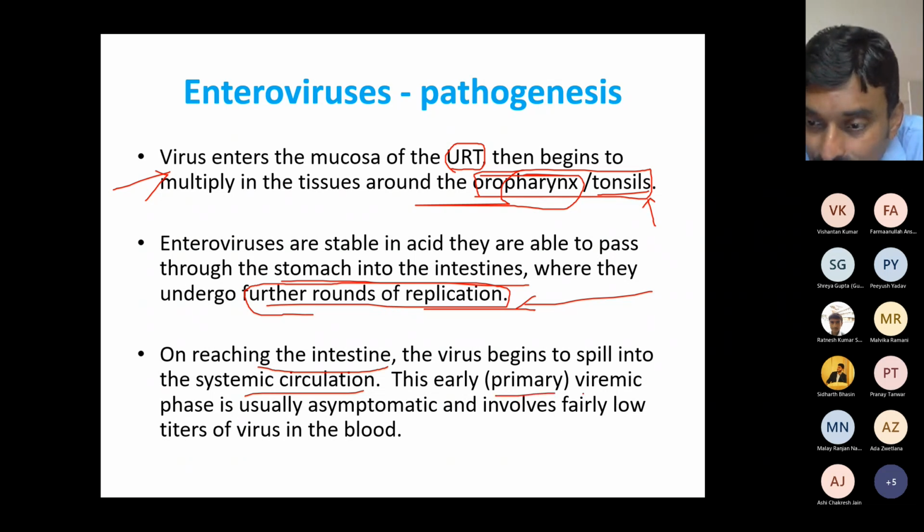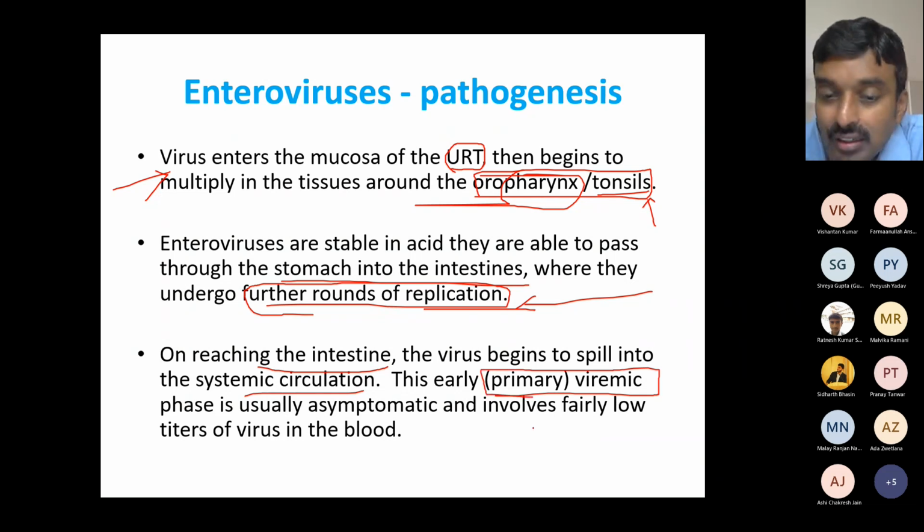And when virus spills over into the bloodstream for the first time, it's called primary viremia or just viremia. Virus in the blood. Anything to do with emia has to do with the blood. Anemia is a lower number of RBCs or hemoglobin in the blood. Just like that, viremia means virus in the blood.